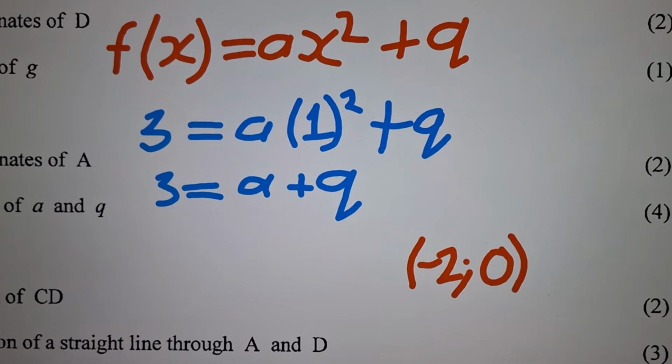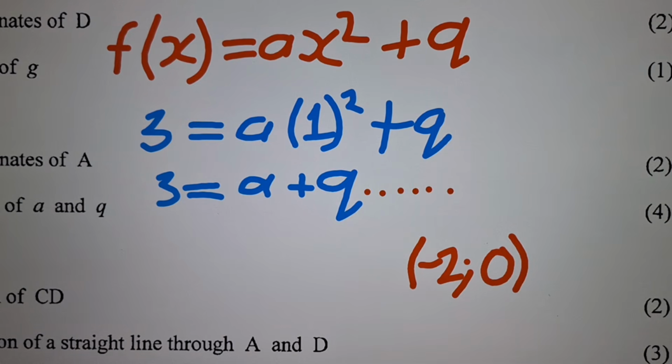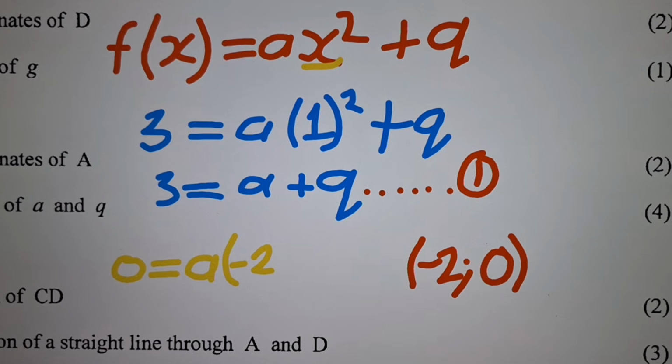Then we're going to substitute these points as well. So this one is going to be equation 1, as we have simultaneous equations. Then equation 2: in the place of y equals ax squared plus q, for y I'm going to write 0, then a times x, where x is negative 2, squared, plus q.